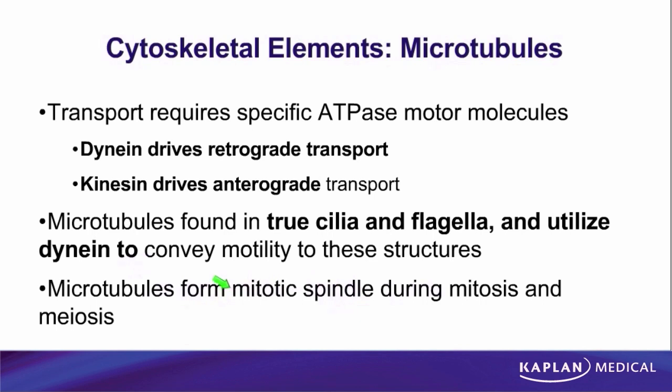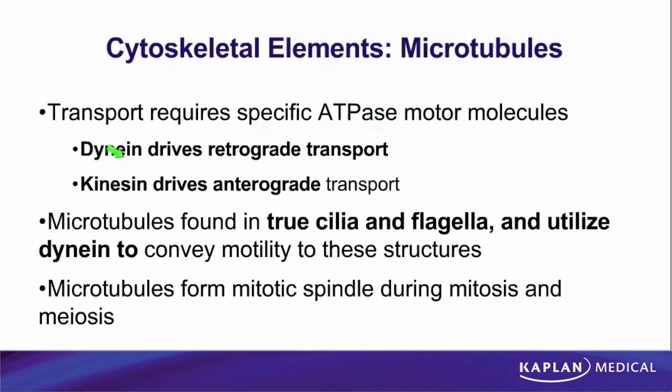Okay. We said that microtubules are continually forming and polymerizing, so it's energy dependent, and also the movement along microtubules is energy dependent. So microtubules will have associated with them what are called ATPase motor molecules responsible for this transport.